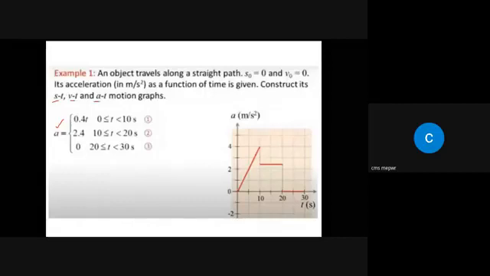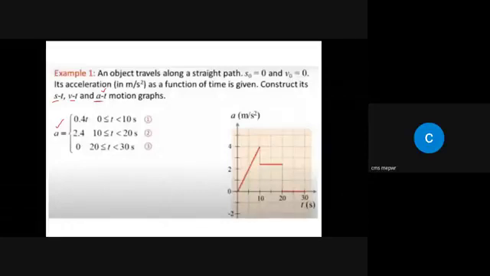We have to find three things. Okay, since acceleration is given, let's find the AT graph first, and then we will find VT and ST from there.